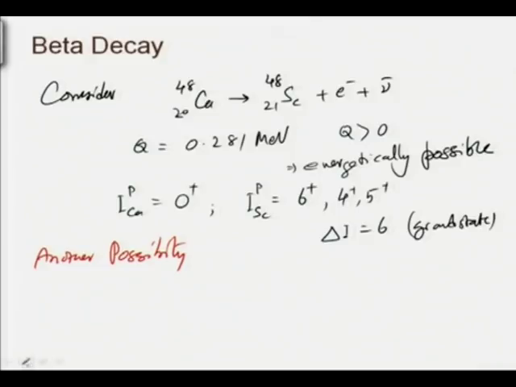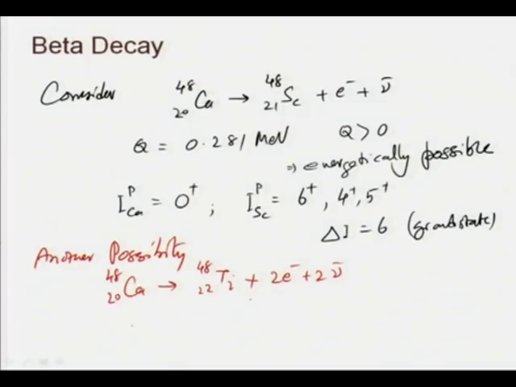Another possibility is that calcium 48 goes not to scandium, but to titanium 48, which has 22 protons in it, plus 2 electrons plus 2 antineutrinos. We are not saying that calcium first goes to scandium and then decays to titanium.